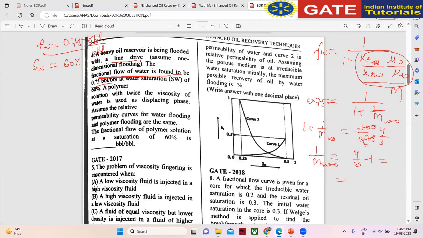So it will be 1 by 3. Okay. And your MWO, mobility of water oil ratio, will be 3.